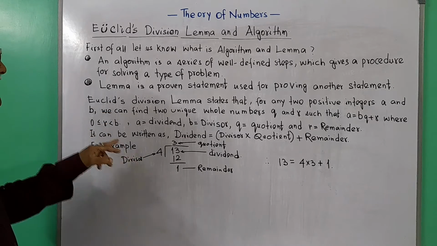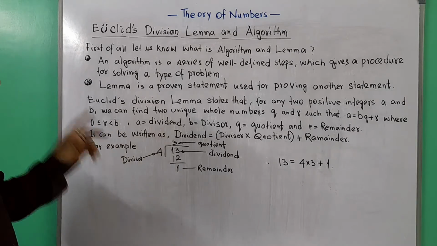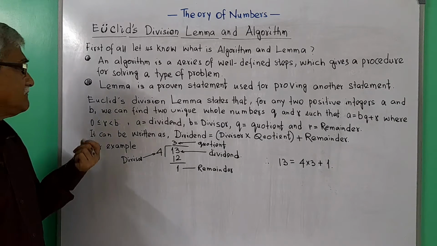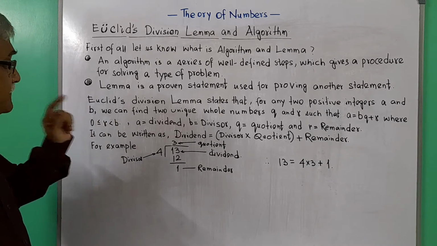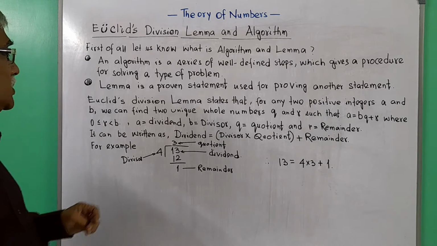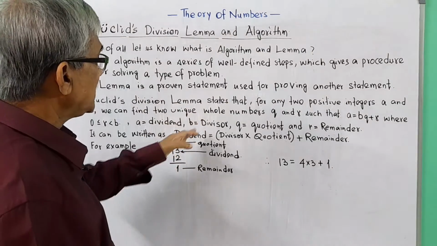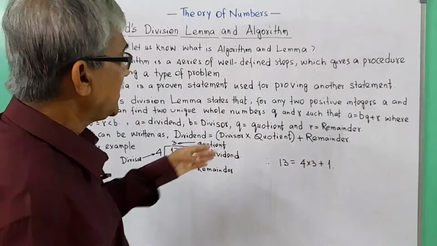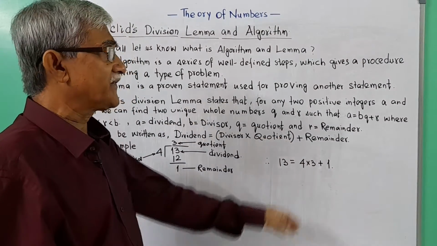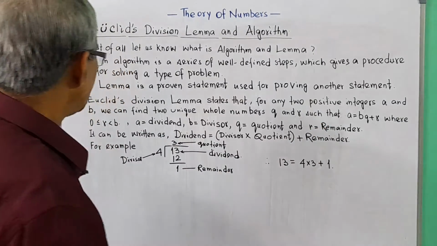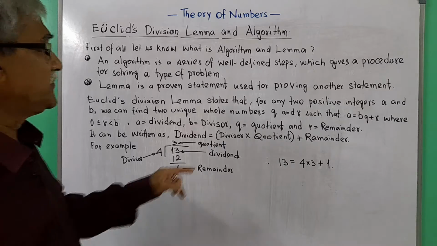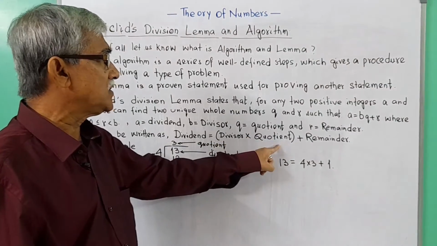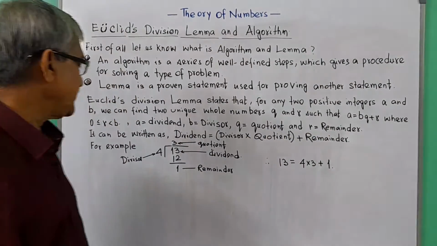R must always be less than b. R can be 0 or a positive number, but R must be less than b. Then a is the dividend, b is the divisor, q is the quotient, and r is the remainder. So it can be written as dividend equals divisor times quotient plus remainder.